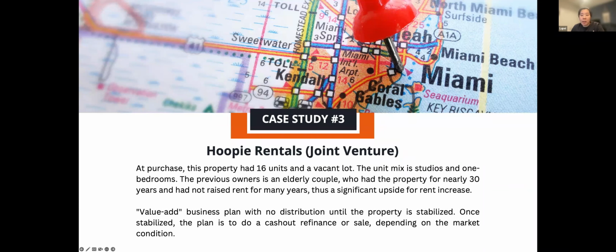The units were not in the best condition. So we want to renovate the units and increase the rent, do a cash out refinance, and either hold or sell, depends on the market. So that was the original business plan. As you will see, it turned out very different.